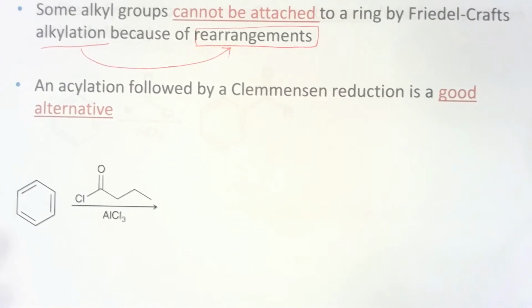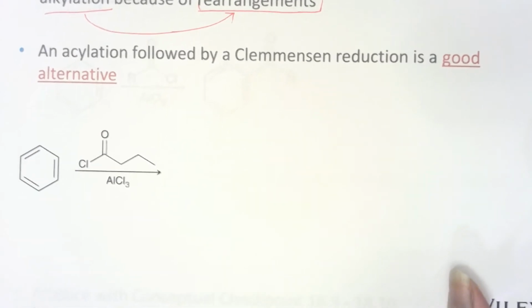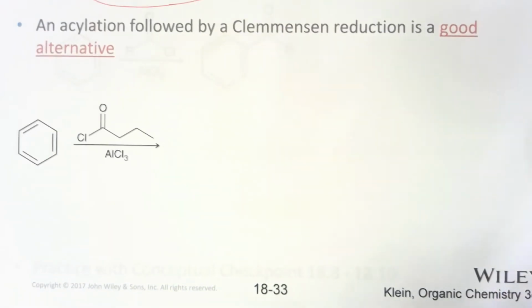But with acylation, rearrangements do not take place. So we can produce certain products that cannot be made using the alkylation reaction. And you'll understand when I do this example as to what I'm talking about.